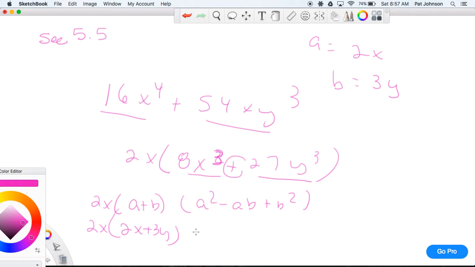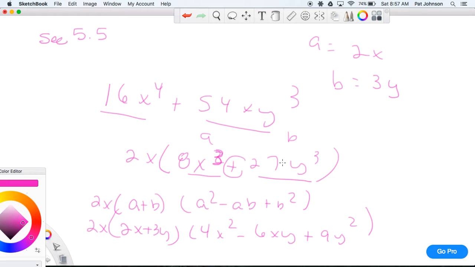What is a squared? 4x squared minus 6xy plus 9y squared. And there you go. That's your answer. That's as far as you can go. But you need to make sure to take your original expression, identify what the a term and b term are, and take the cube root. Then it makes it easier to plug into this formula.